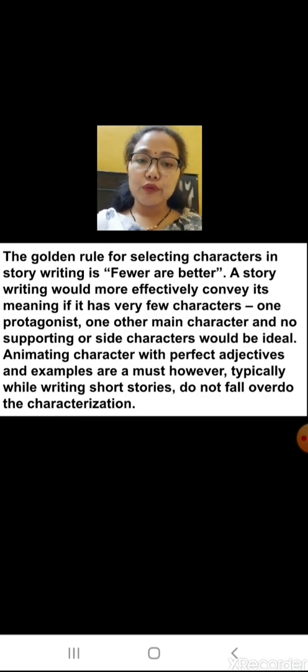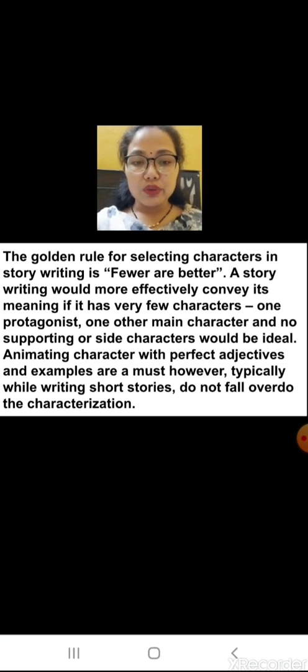The golden rule for selecting characters in story writing is fewer are better. A story would more effectively convey its meaning if it has very few characters. One protagonist, one other main character, and no supporting or side characters would be ideal.